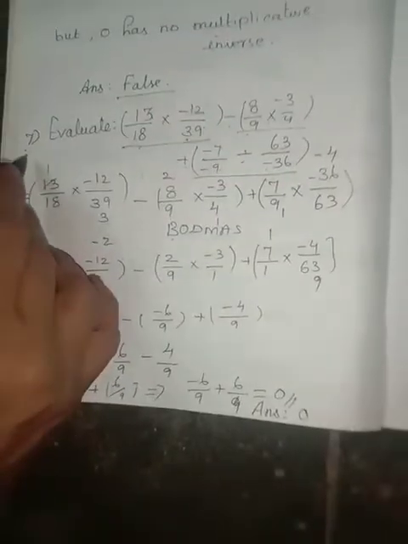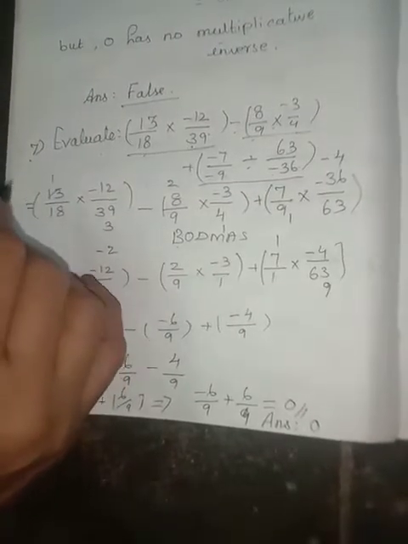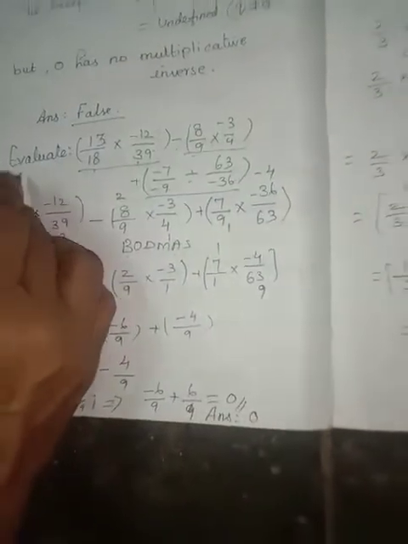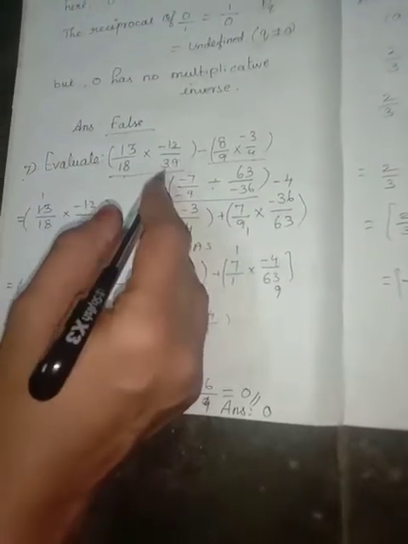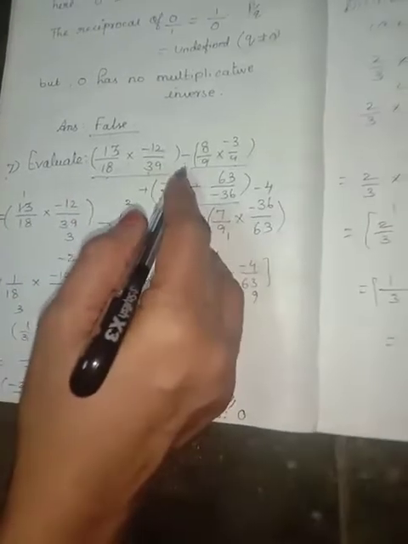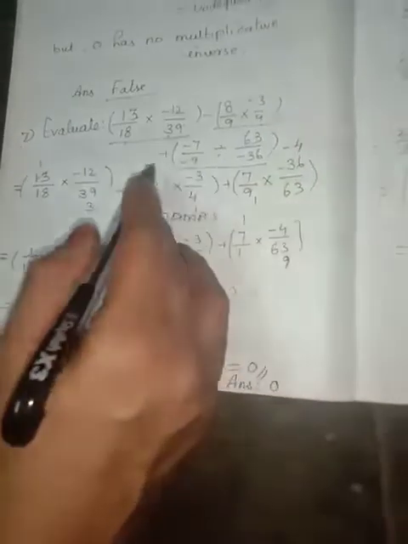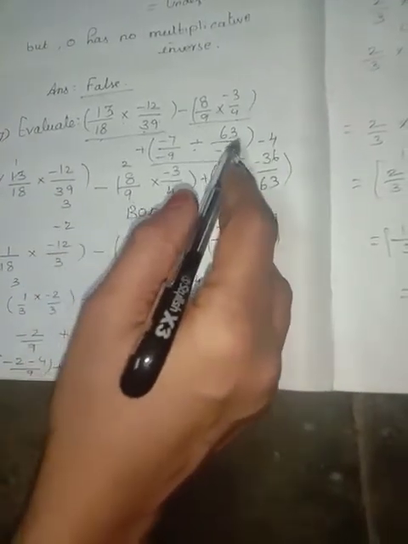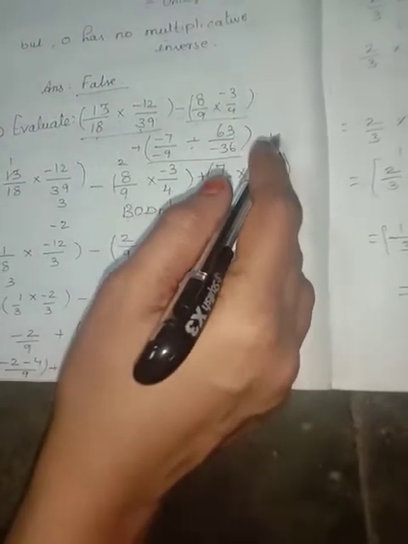Here I do the 7th sum. The previous 3rd sum, 4th sum, 5th sum and 6th sum are given as the assignment. The 7th sum: evaluate 13 by 18 into minus 12 by 39, in bracket minus 8 by 9 into minus 3 by 4, in bracket plus minus 7 by minus 9 divided by 63 by minus 36, which is in bracket.